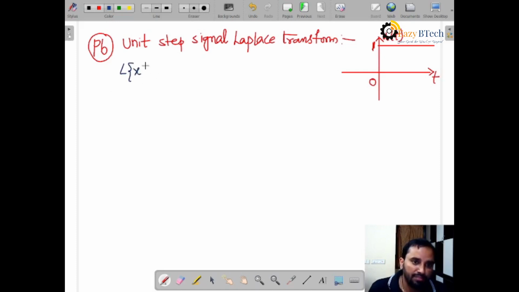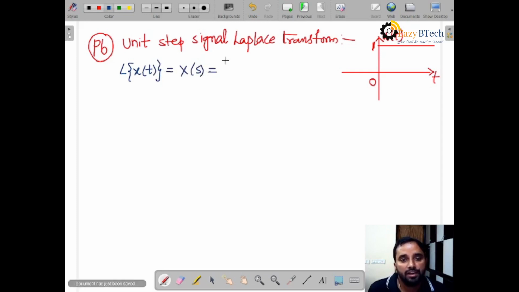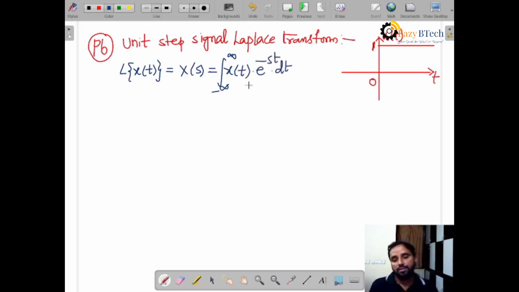Laplace transform of a signal x of t is X of s equal to integral minus infinite to plus infinite x of t into e to the power minus st dt. So here the given signal is u of t, right or not? So take that u of t: integral minus infinite to plus infinite u of t into e to the power minus st dt.